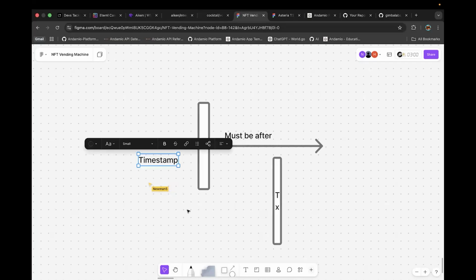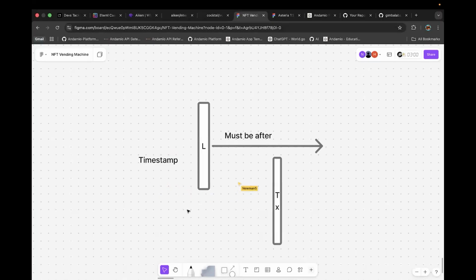What do you think, Lewis? I was thinking more like a timeline. So we do have a timeline. Here is just our timeline. Everything goes on this timeline, and this timestamp should have one of these little bars.